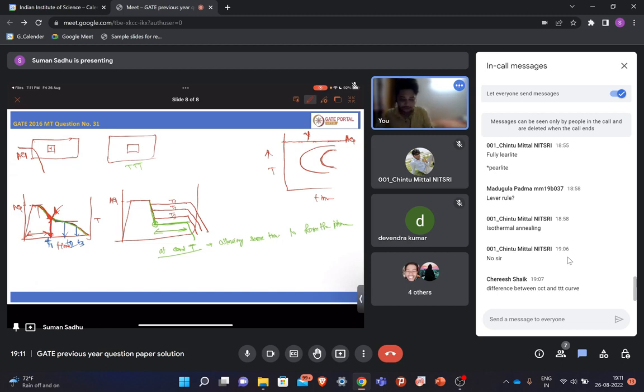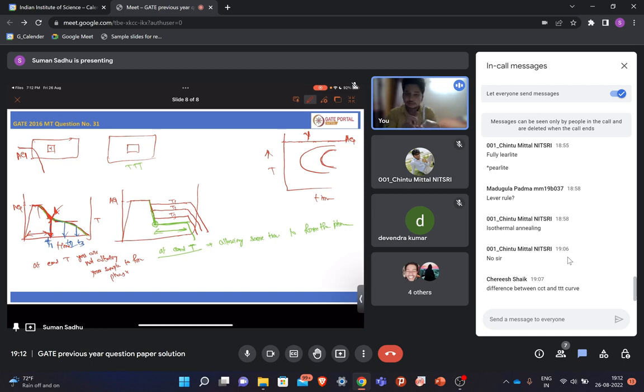So at a constant temperature you are not allowing time to form the phase or for the transformation.